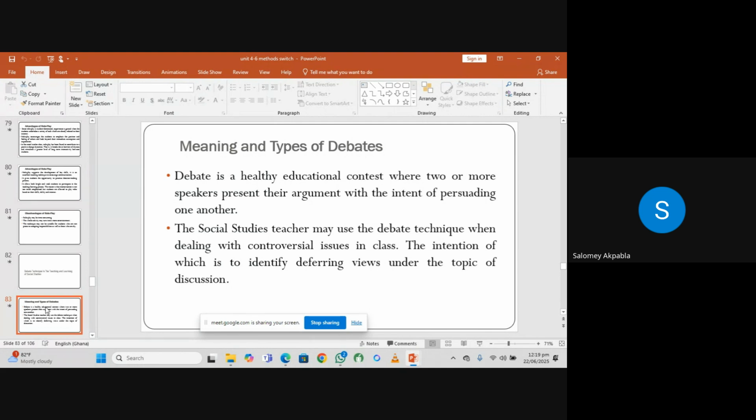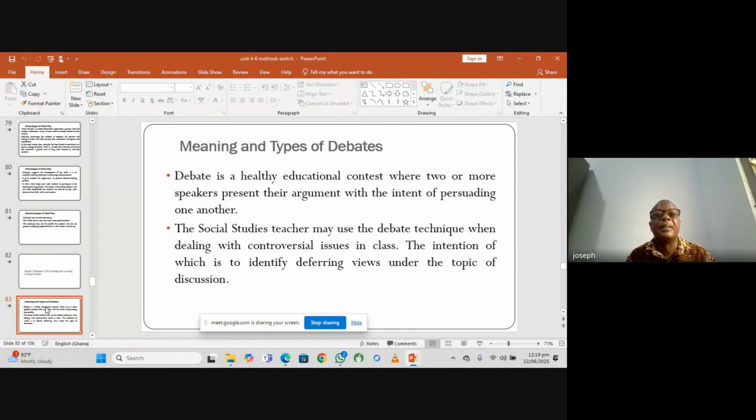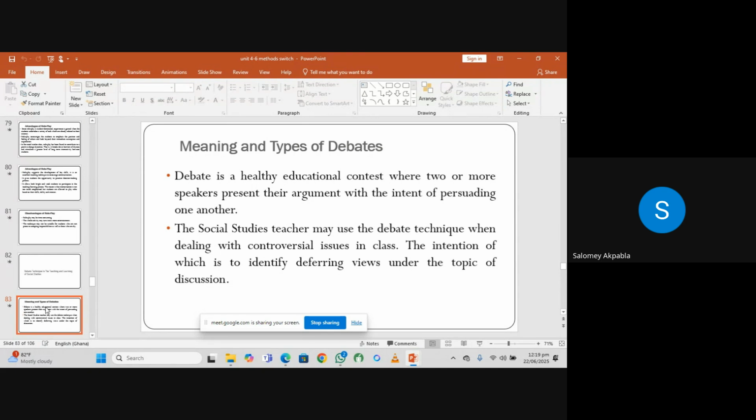Sir, the examples of methods of teaching, does that mean that these two examples we have to classify as examples of techniques? Which one? The generic method and the specific method. The techniques are the activities that you perform in the classroom.